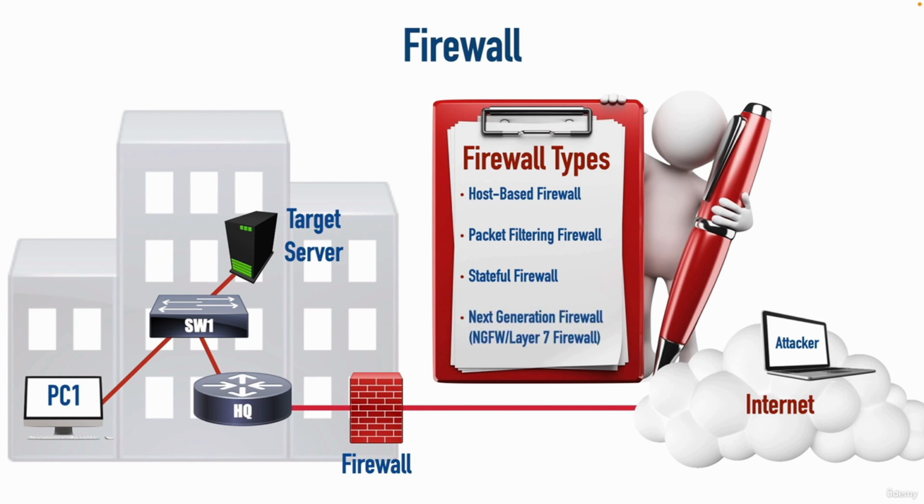We can also have next generation or layer 7 firewalls. And these vary in their feature sets, but here are a few examples of what they might do. They might look beyond just IP addresses and port numbers to recognize a particular session. There may be some applications that change port numbers. They change protocols during the session. For example, let's say we're setting up a voice over IP phone call.